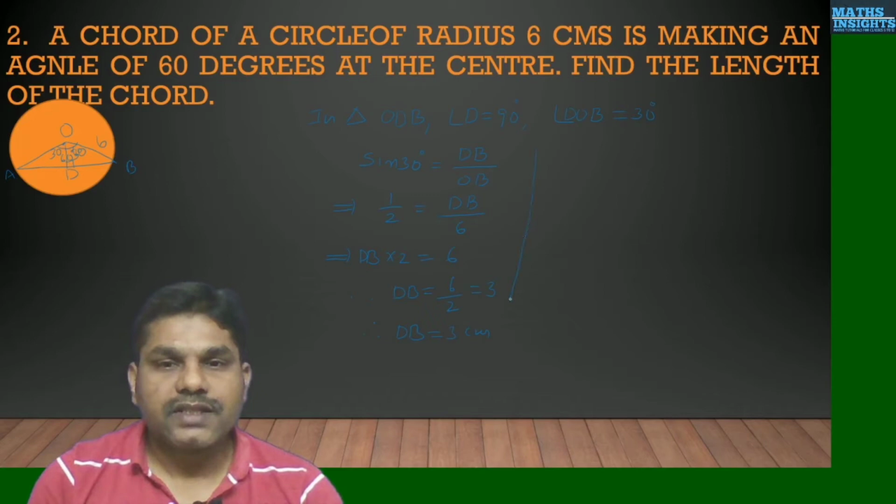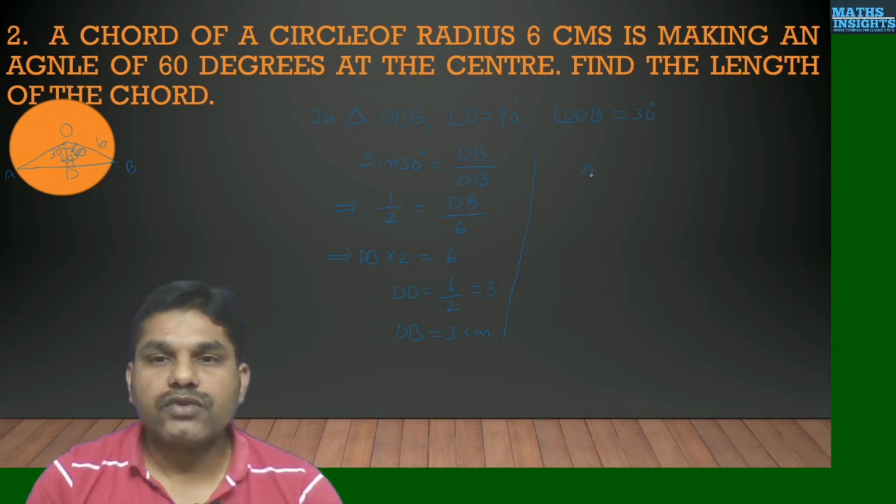But this 3 centimeters is half of the length of the chord. Therefore, chord AB is nothing but the sum of AD plus DB. If DB is 3, automatically AD will become 3. Therefore, AB is equal to 3 plus 3, that is equal to 6.